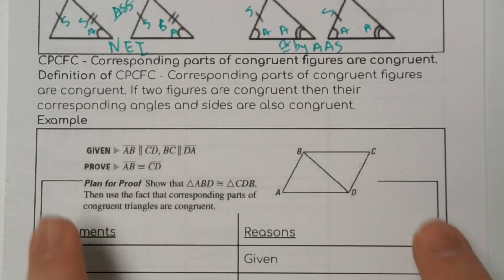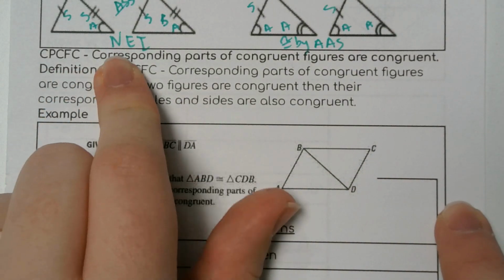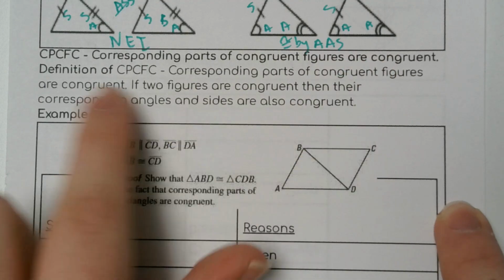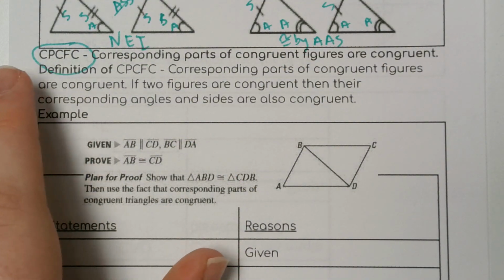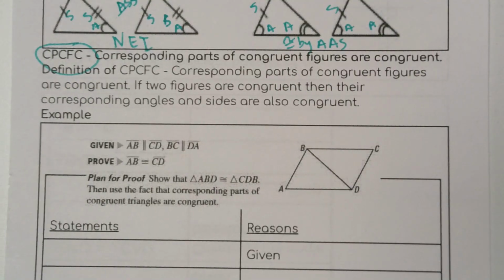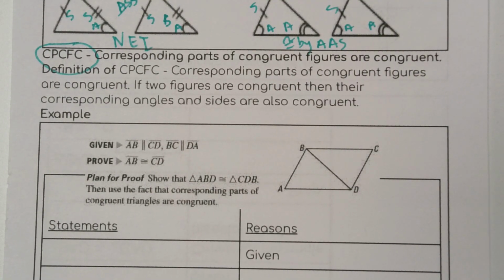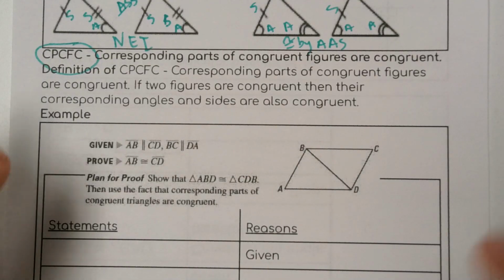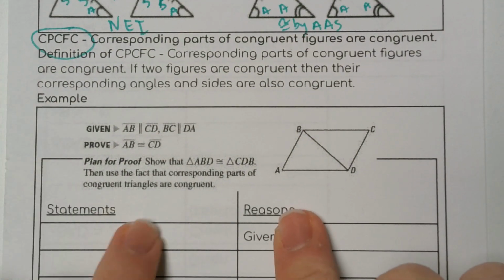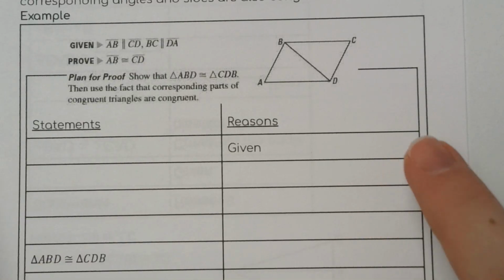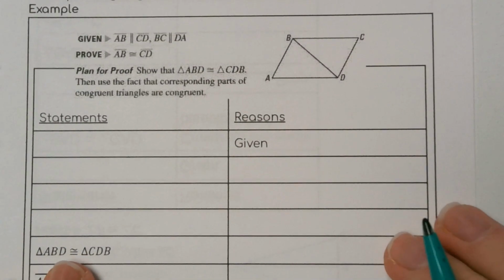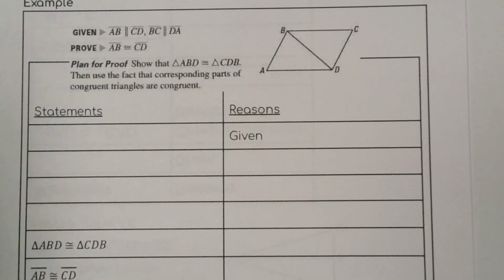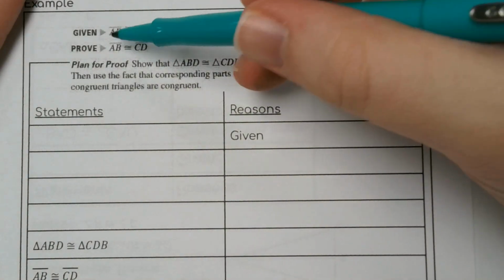So today we're talking about corresponding parts of congruent figures are congruent, aka CPCFC, okay? So this means that if two shapes are congruent, then their corresponding sides and angles will also be congruent. That's all this means. So we're going to do proofs again. Okay, this is the only one we'll do proofs on consistently. The other ones will have little tiny ones, but not too bad.